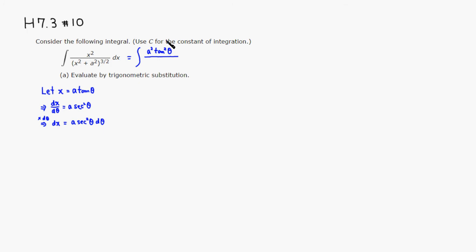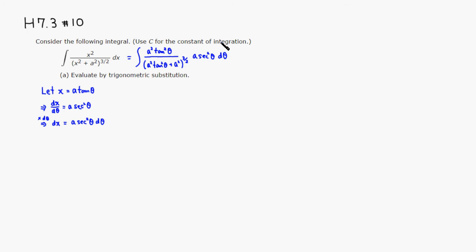Then we plug in the tangent in the denominator, so that's going to be a squared tangent squared of theta plus a squared, quantity raised to the 3/2 power. Then dx is the same thing as a secant squared of theta d theta.